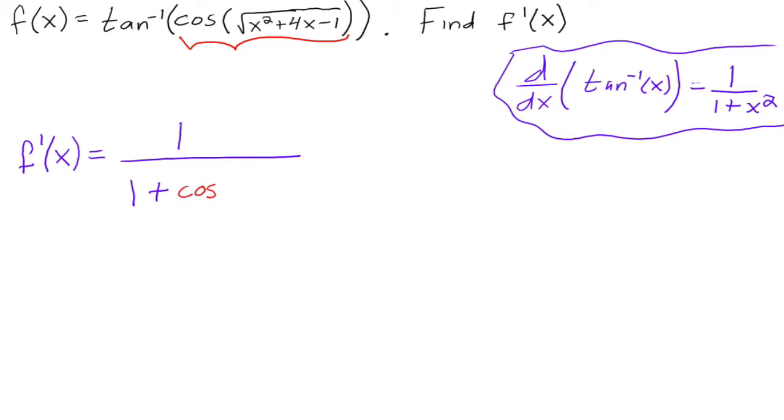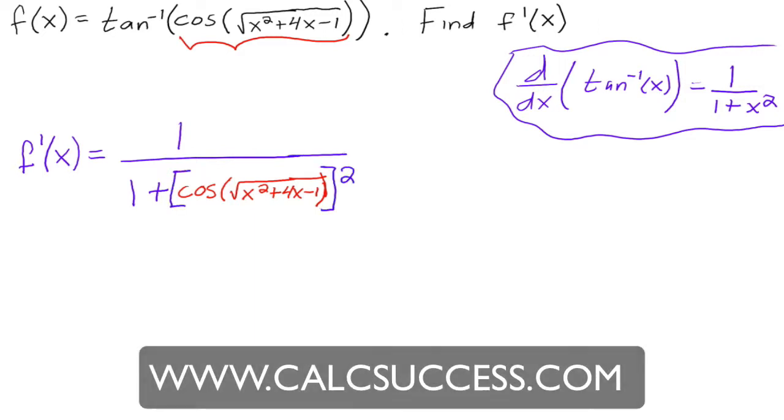So I'm going to have cosine of square root of x squared plus 4x minus 1, squared. Let me put it in the same color. Let's do blue. I'm just going to put this whole thing in parentheses, squared. So here we use the chain rule: 1 over 1 plus this whole inside squared, and then times the derivative of the inside.